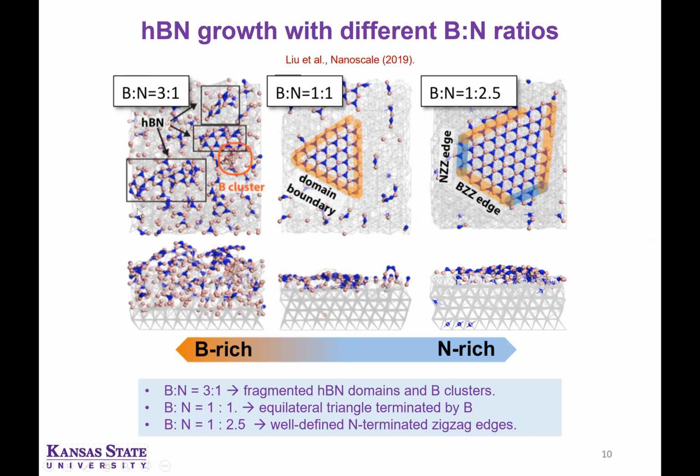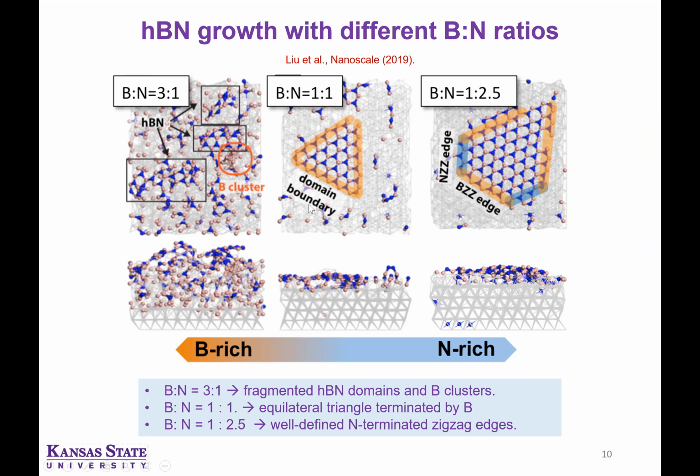At the 3:1 ratio, we observed mostly fragmented hBN domains as indicated by the black rectangular boxes. Further growth becomes unlikely as the nitrogen deposited on the surface has already been depleted. The excess boron will start forming bonds with the nickel substrate and also some boron-based clusters.